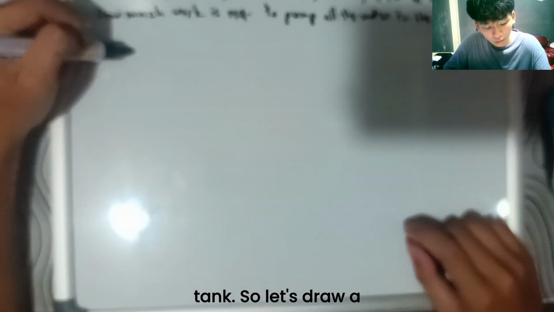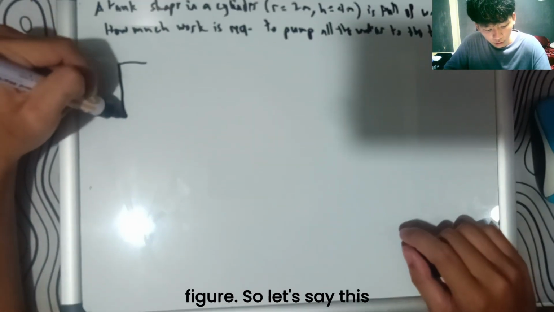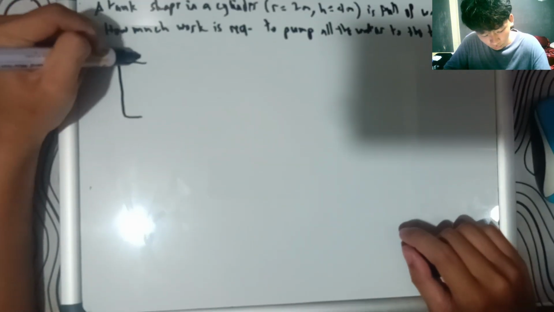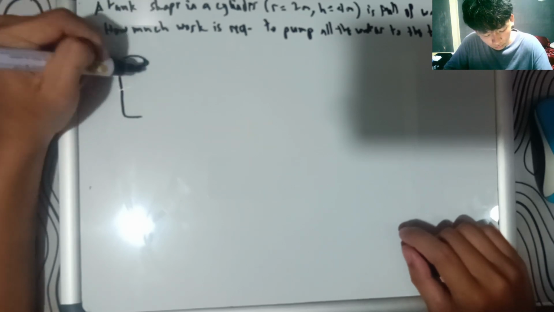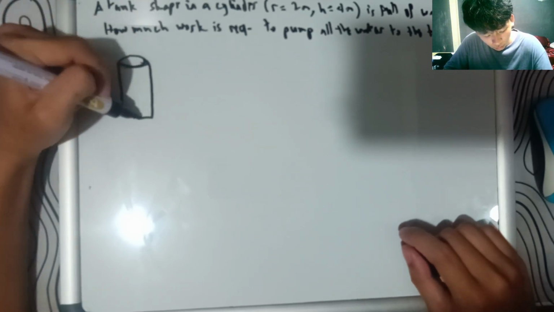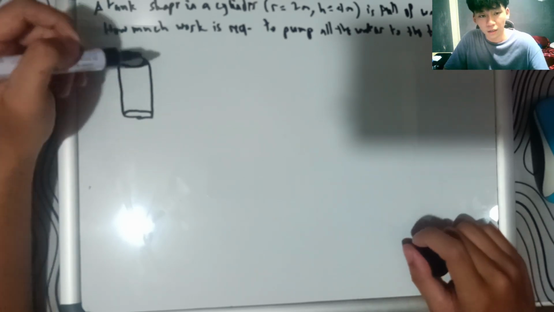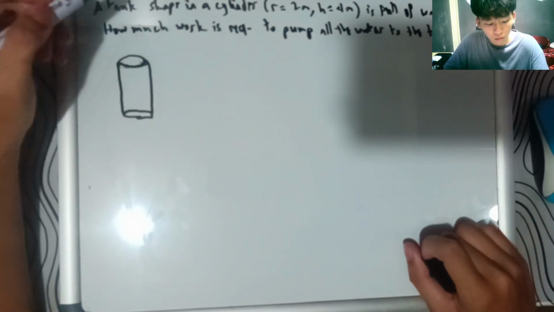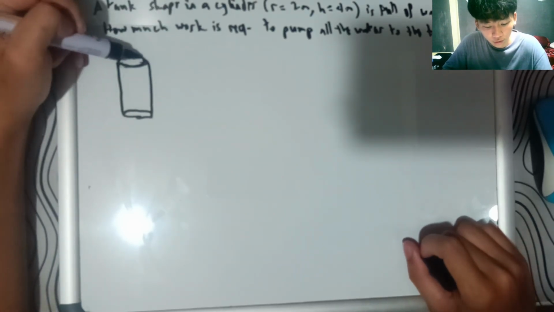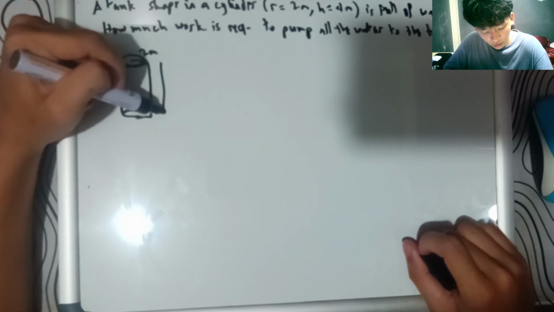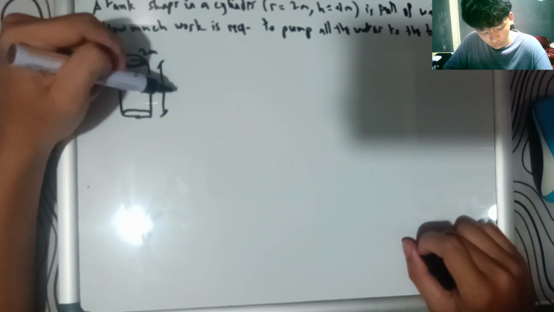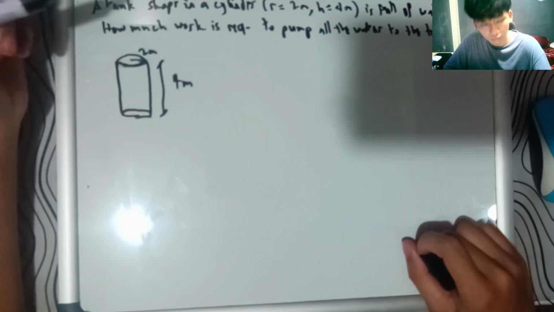So let's draw a figure. Let's say this is our tank, and it has a radius of 2 meters and the height of it is 4 meters.